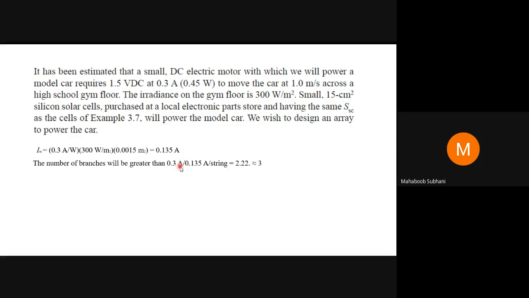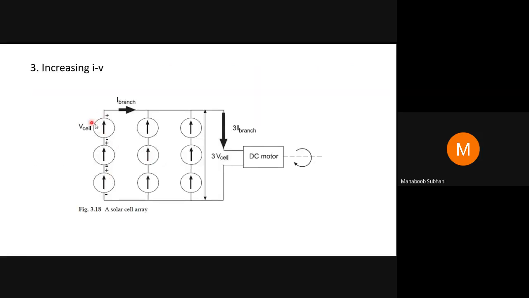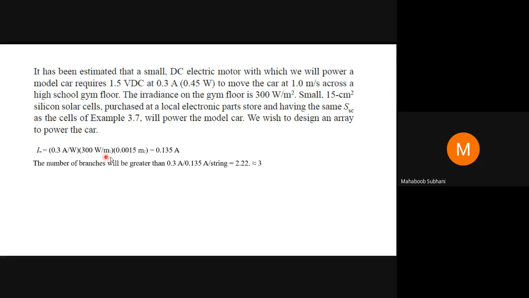To know how many cells in a string need to be connected, just divide the required output by what is generated. The value is 2.22, which I'll round off to 3. So the number of cells in a string is 3, so 3 cells per string.